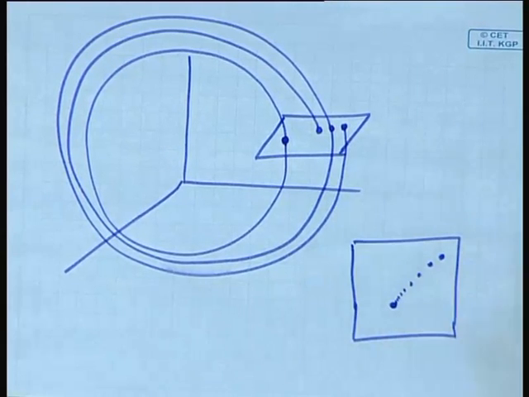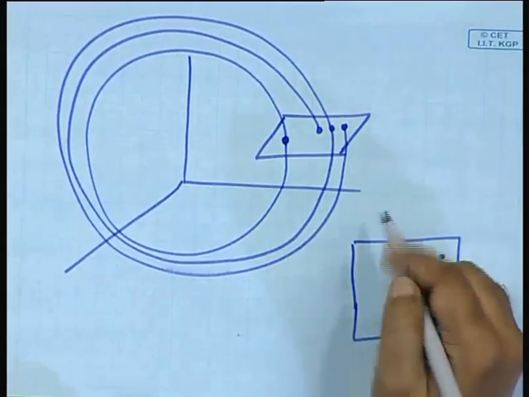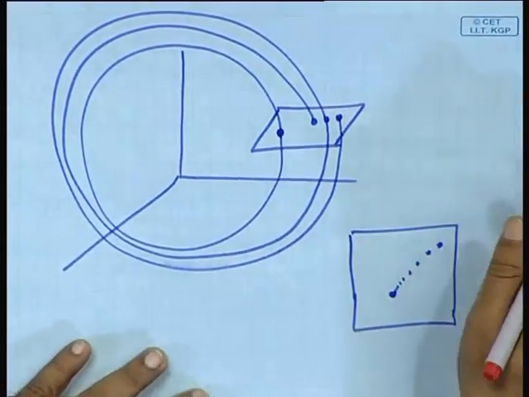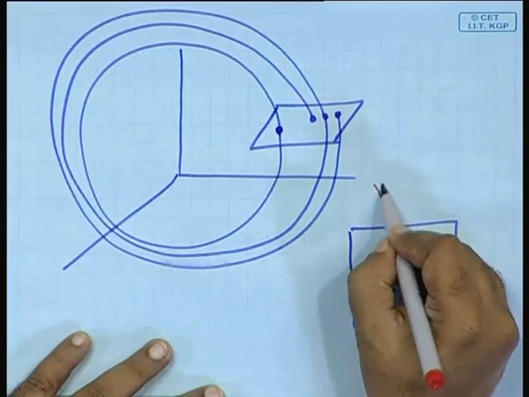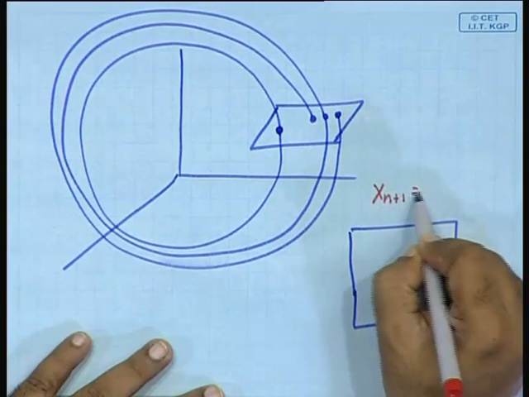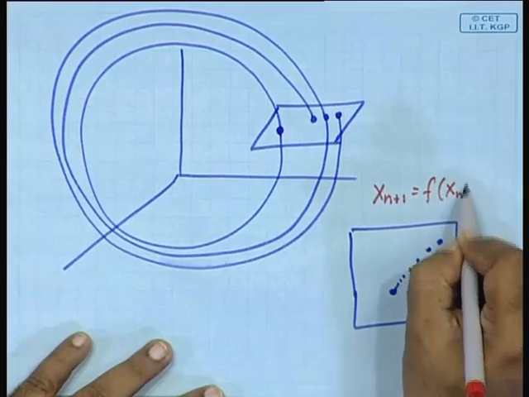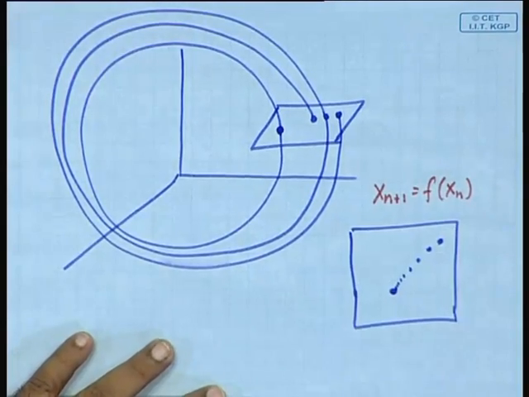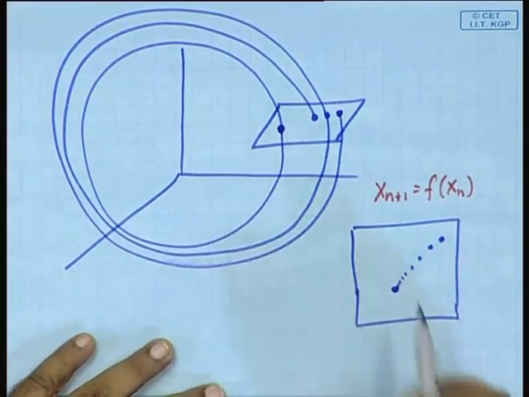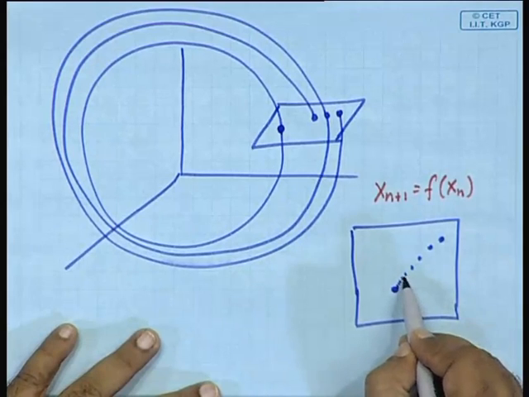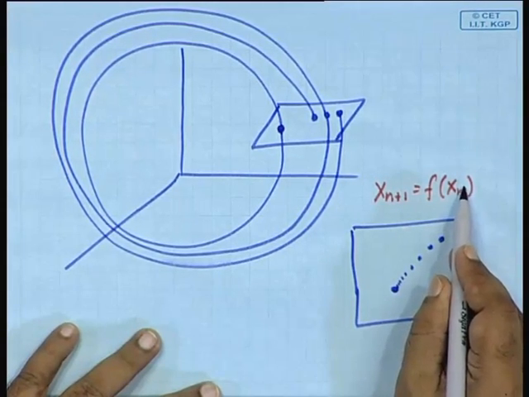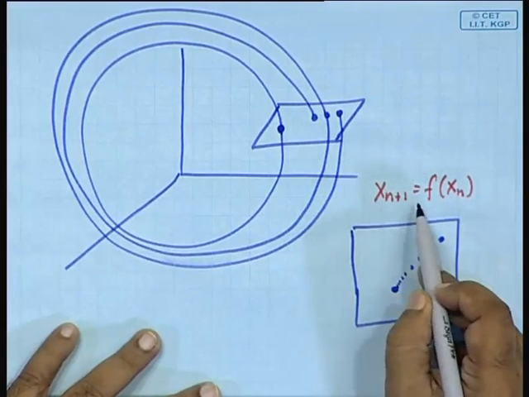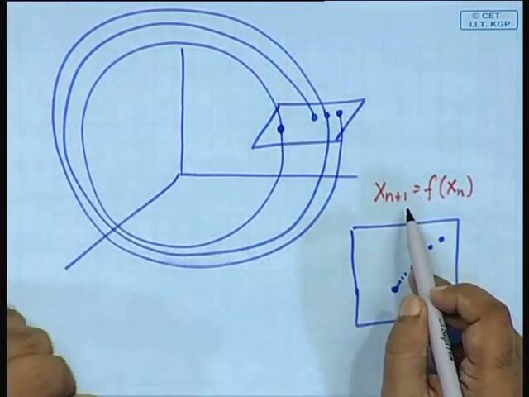If that is so, and suppose this function is known, how that function will be found out, I will come to that later, but suppose this is known. Then you can locally linearize that function, which will normally be a nonlinear function, in the same way, using the Jacobian.